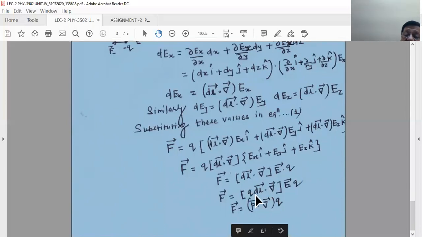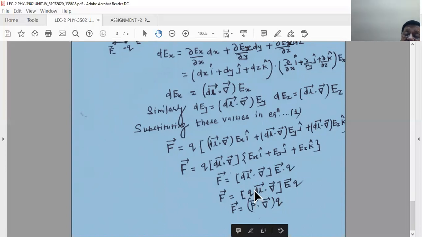Now q dl is basically q into dl, that is, a charge into the distance, which gives you a dipole moment. So q dl is the dipole moment. It is known as the induced dipole moment.